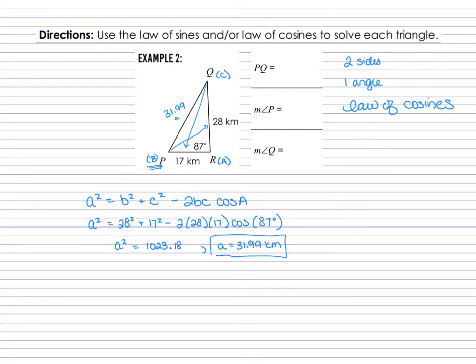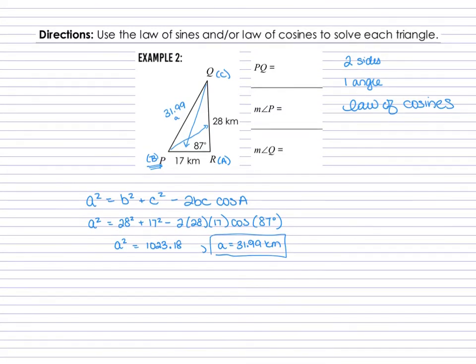We could, because now we have all three sides, so we could plug them in and solve for the cosine of each angle. But since we now have a side across from an angle, side A and angle A, we can use the law of sines, which is a whole lot easier, to solve for one of the missing angles, and then subtract from 180.